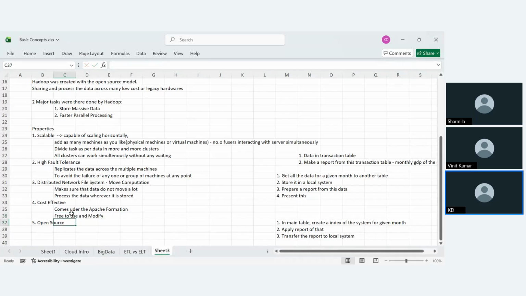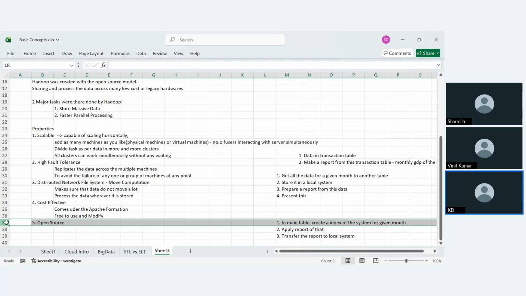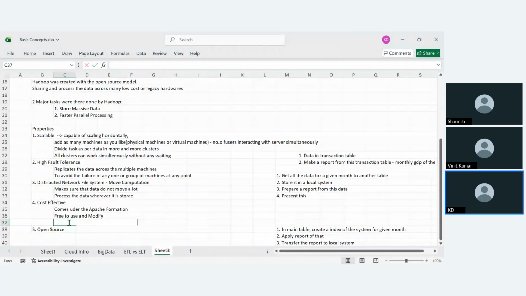And a very important third part is that it maintains data locally as well, because it doesn't require high configurations.